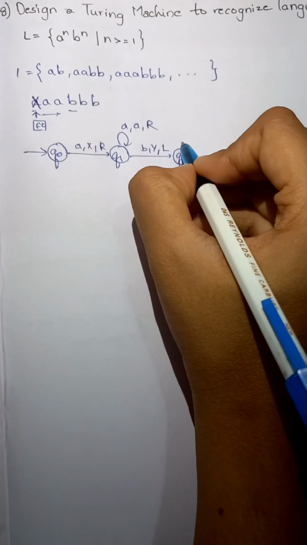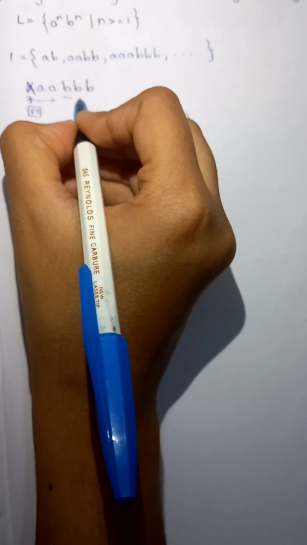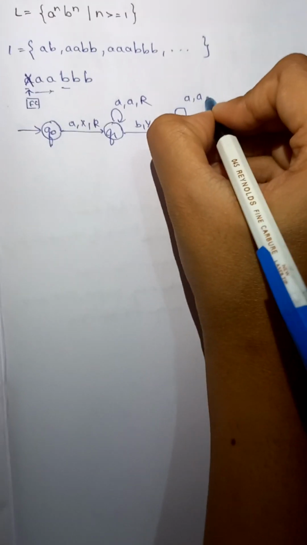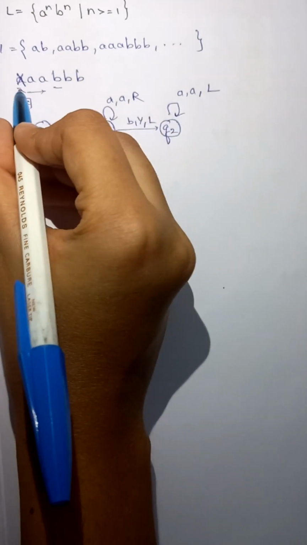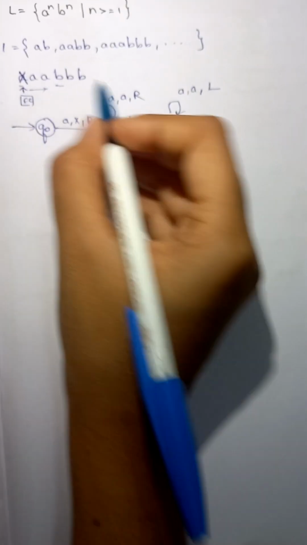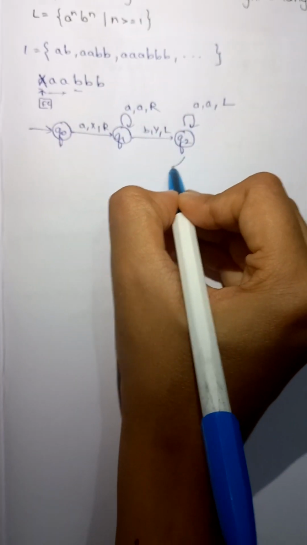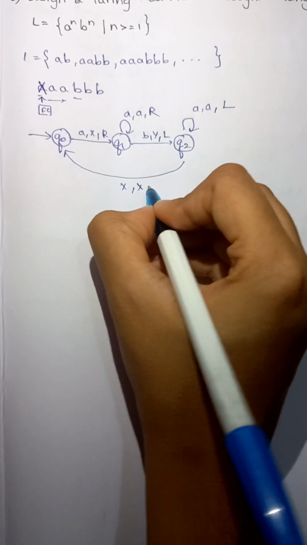And now, while moving towards left, keep the A's as A and move to left. And when the X is encountered, it should move again towards right side. X, keep it as X and move towards right.